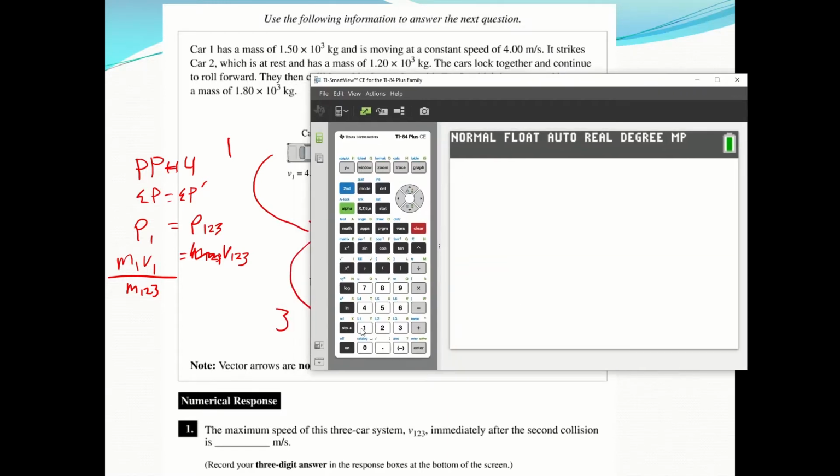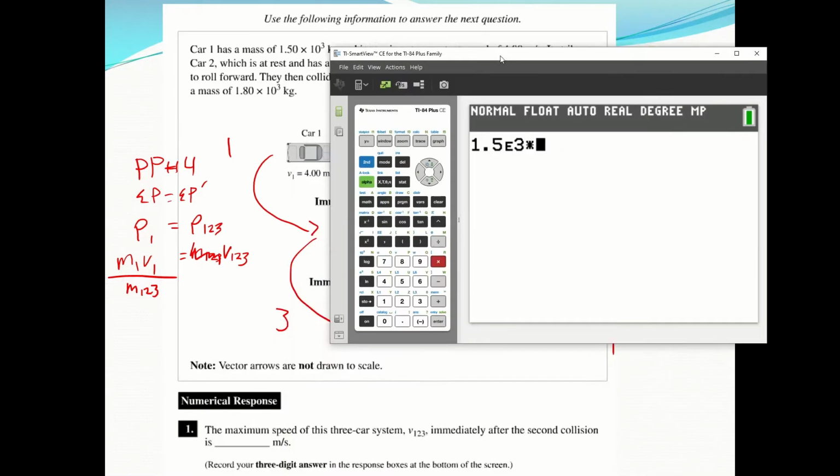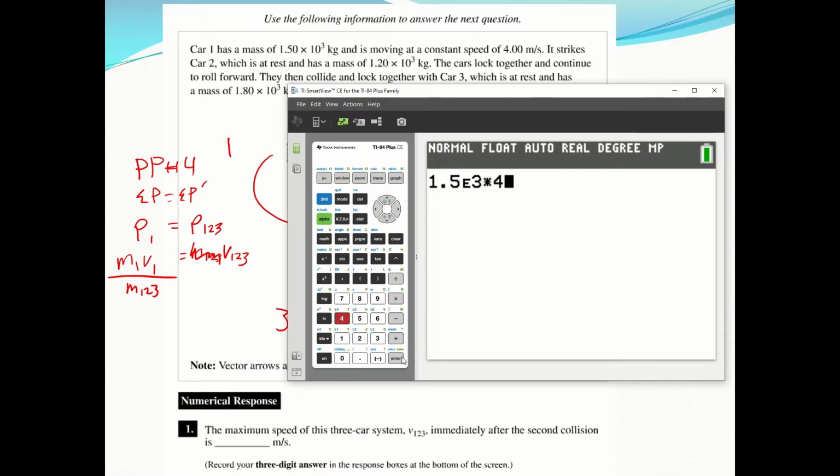So we do mass 1, which is 1.5 times 10 to the 3. We multiply that by the speed of car 1, which is 4, and we divide it by the combined mass of all of them.